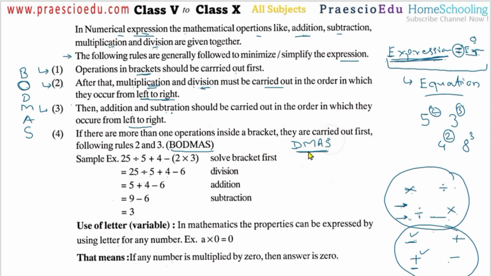For the fifth standard, DMAS is much more important. D for division and M for multiplication, but the sequence from left to right has to be maintained. Suppose there is a multiplication, then it should be carried out before the division. This is one pair and this is another pair, but for calling purposes we say DMAS. So don't forget this.